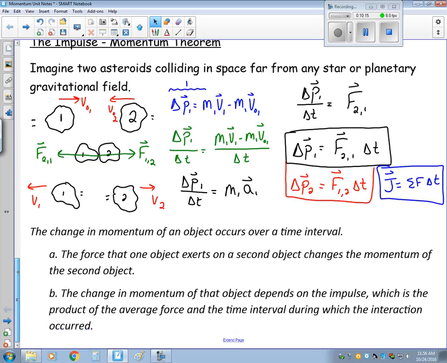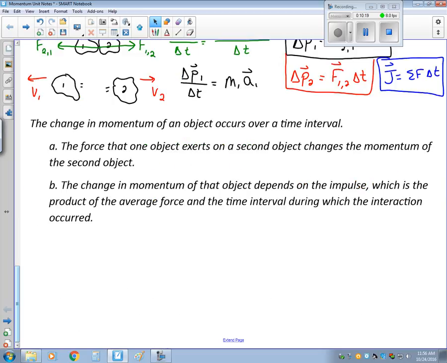So what we can gather from this is that the change in momentum of an object occurs over a time interval. There's no instantaneous, so the time interval can be really short or it can be long. The force that one object exerts on a second object changes the momentum of the second object.